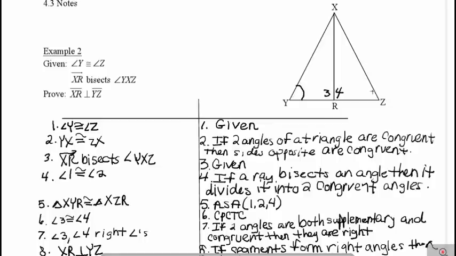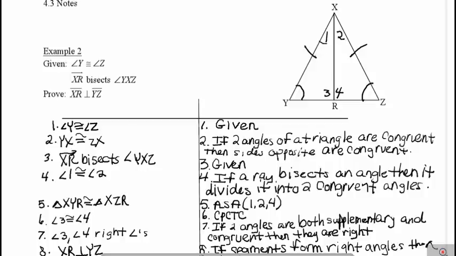So I started off my proof by copying down my given that angle Y is congruent to angle Z. From there, I knew that I could say that YX is congruent to XZ because if two angles in a triangle are congruent, then the sides across from them are also congruent. So now I already have an angle and a side. Then my second given, ray XR bisects angle YXZ.